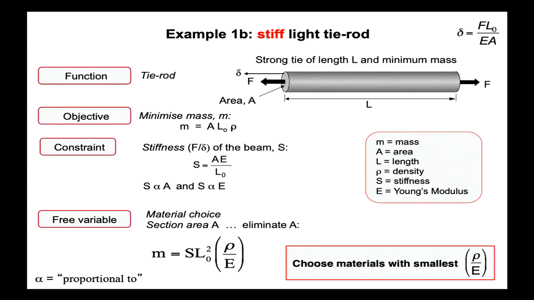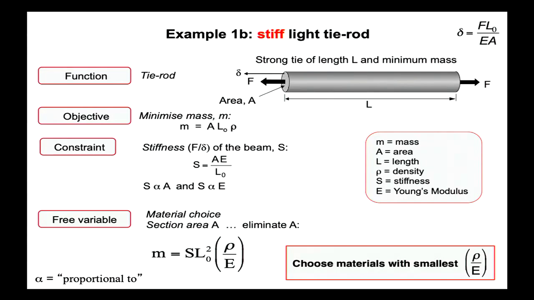And beyond all that, and I'll stop in a sec, we're looking at proportions. Stiffness is proportional to area. Stiffness is proportional to Young's modulus. Length is constant. So we can rearrange our equations into mass being the dependent variable. And I've got there proportional to, yes, that is not an alpha, it's proportional to.